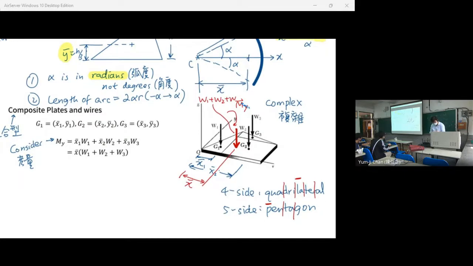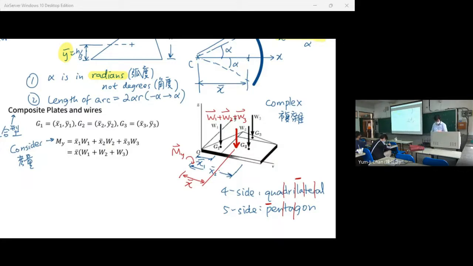Let me move this to here. So this is equal to W1 plus W2 plus W3 for this red arrow. So it should be equal to x bar times the total weight of the three parts. In mathematics, it is written like this: x bar times bracket W1 plus W2 plus W3.